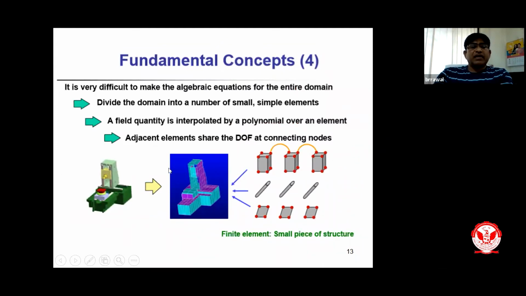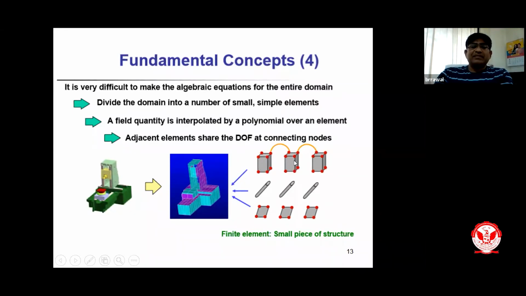Here, as I told you earlier, for this whole machine we have to make a CAD model, and this CAD model is divided into manageable pieces. These are known as elements, and each element consists of various nodes. The function of these nodes is that when we assemble these elements, they form a connecting link.